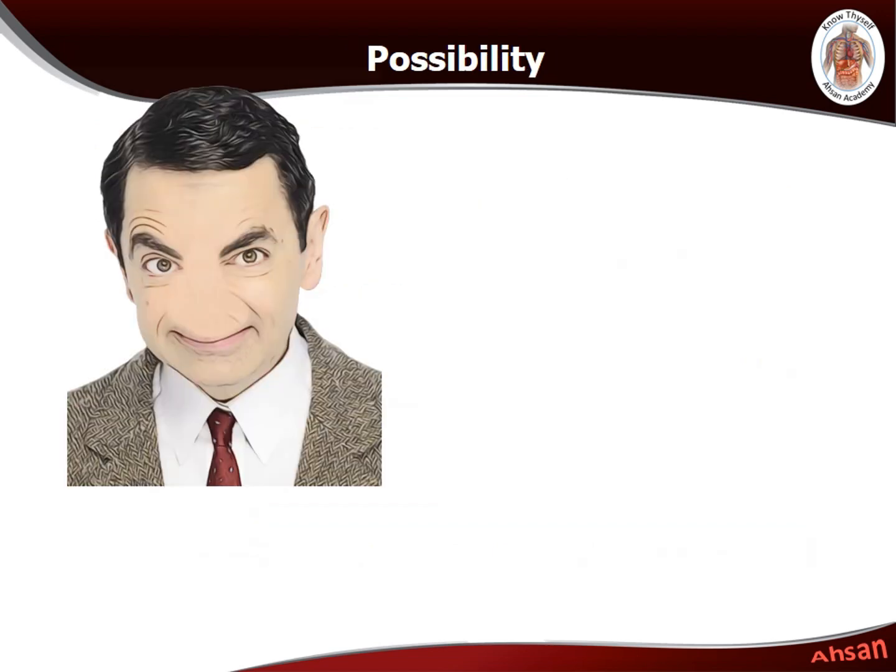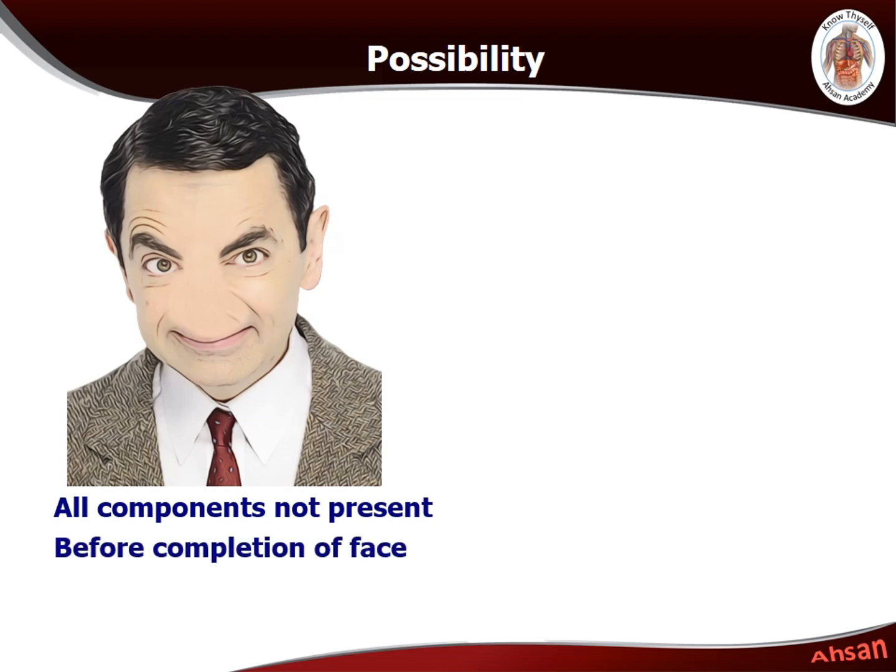Let us see, this figure is not complete, isn't it? The central feature of the face is absent. So we can say all components are not present. In other words, we can say this is before completion of the face, or a prototype face.